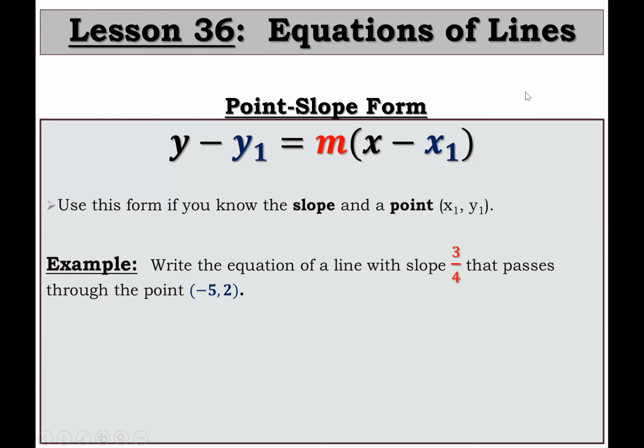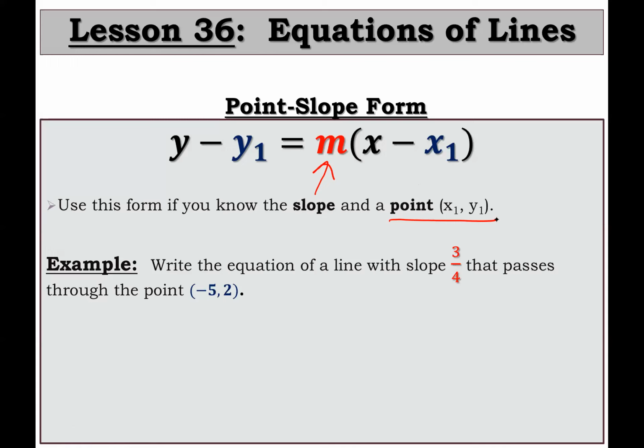So the first formula is point-slope form: y minus y1 equals m(x minus x1). Once again, we're going to use this form if we know the slope, which is m, as well as a point on the line, (x1, y1). Here's our example.